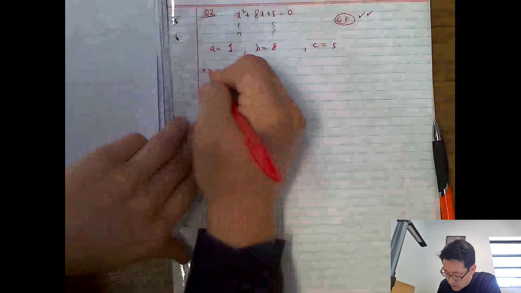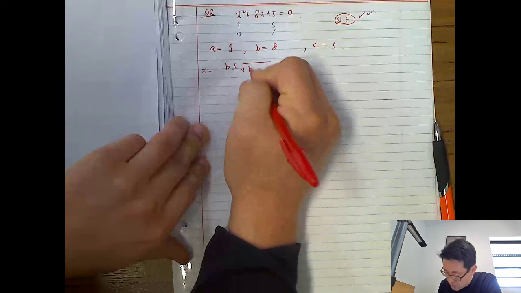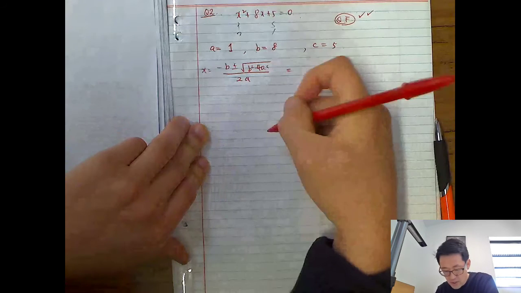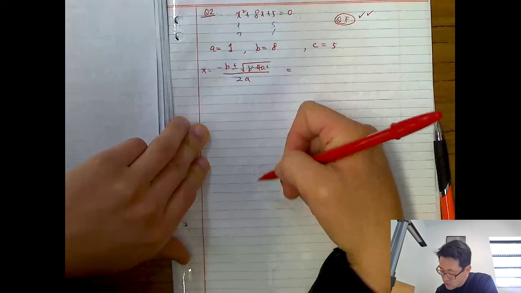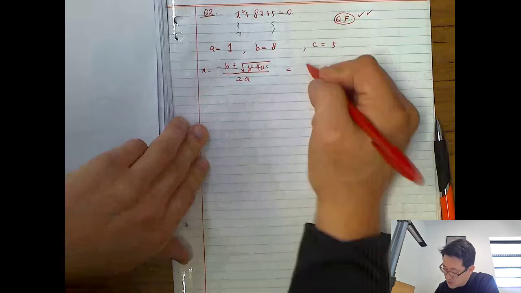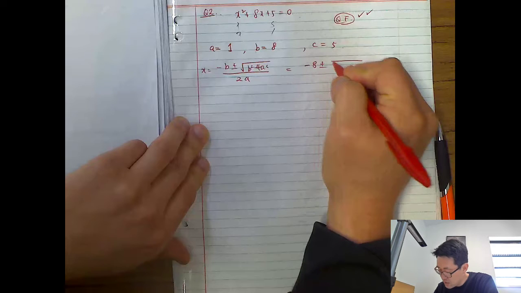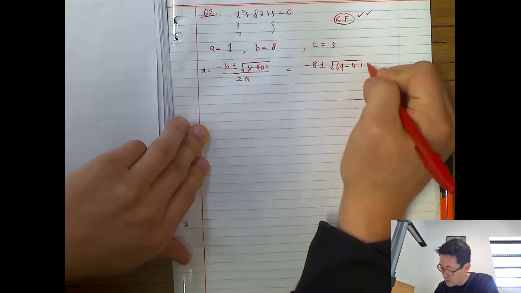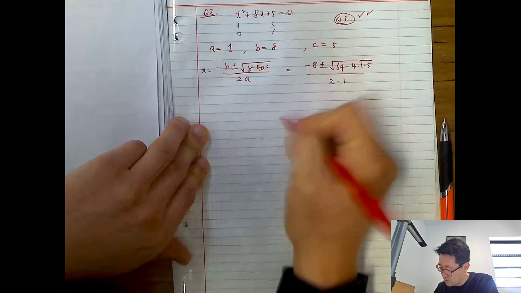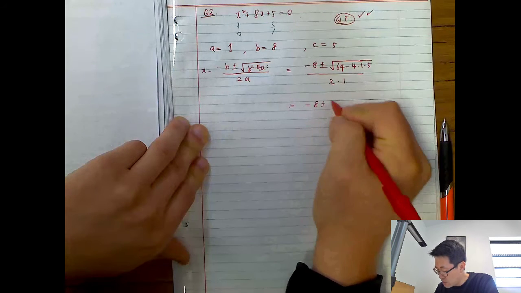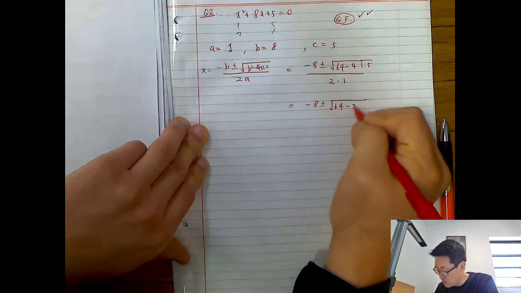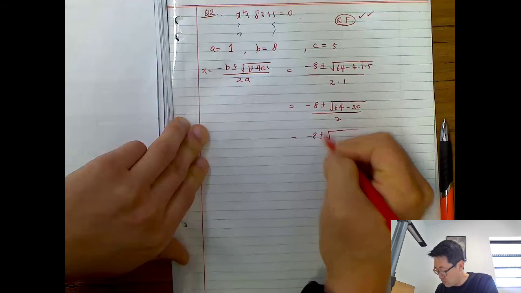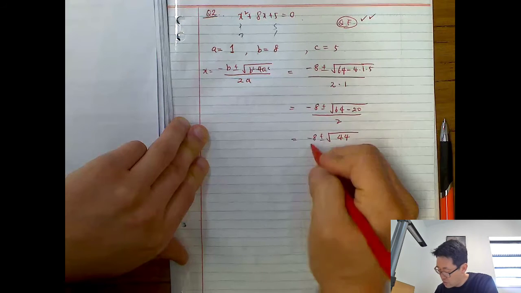And all I need to do, x equals minus b plus minus root b squared minus 4ac over 2a. So let's do that. x equals, what should we get here? Minus 8 plus minus root 64 minus 4ac over 2a. Minus 8 plus minus root 64 minus 20 over 2. Don't forget plus minus, root 44 over 2.